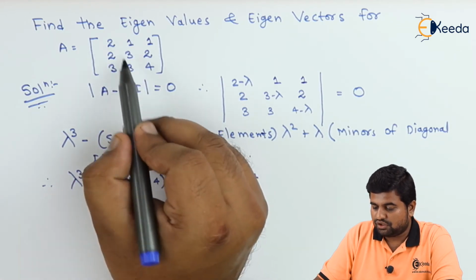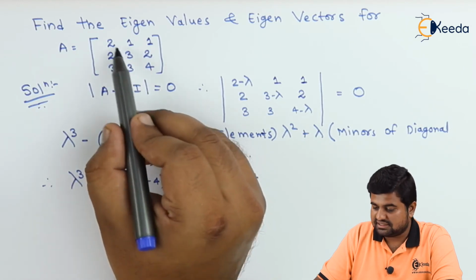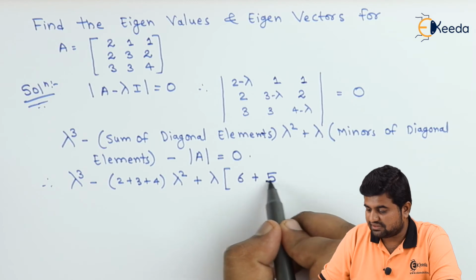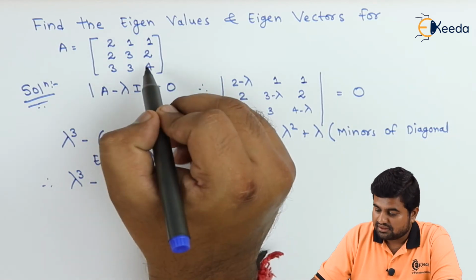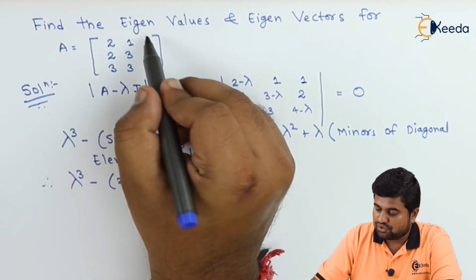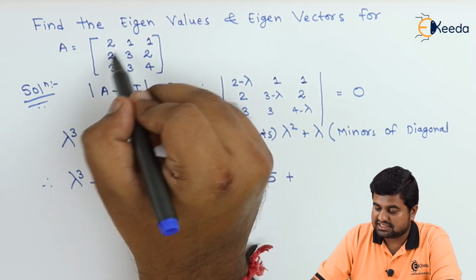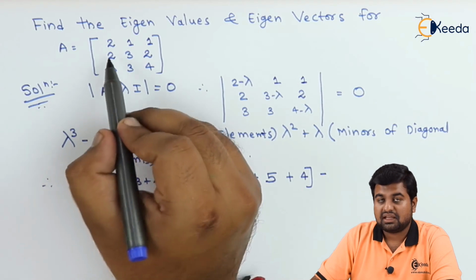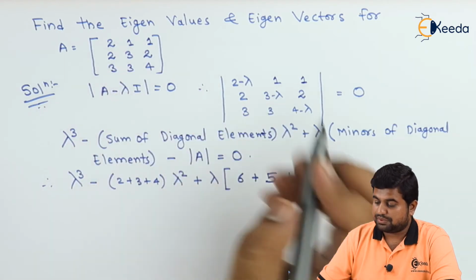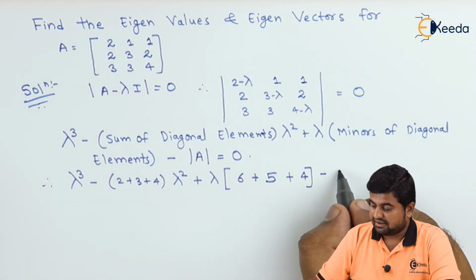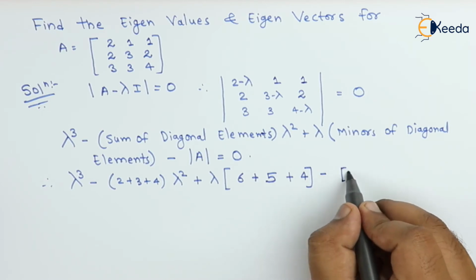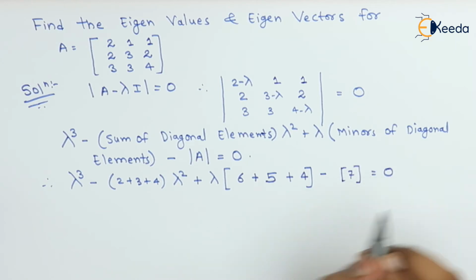Leave this row and column. 2, 1, 3, 4, which is nothing but 2 into 4 minus 3 into 1, which is going to be 8 minus 3, which is 5. Plus, consider this 4. Leave this row, leave this column. 2 into 3, 6 minus 2, which is going to be 4. Minus the determinant of this particular matrix A, which is going to be 7, is equal to 0.